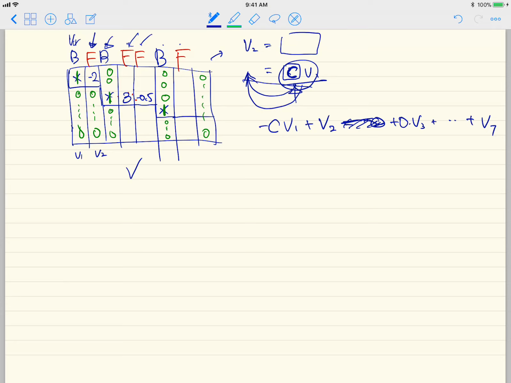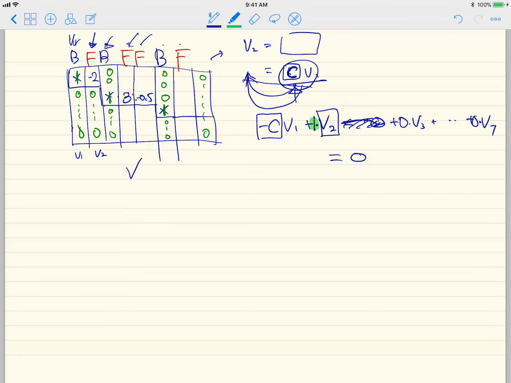And then let's just set all these values as 0 for the rest of the variables, and then this will give us this kind of representation, right? Okay, and then let's try to find what this negative c is here. And for this v2, we are setting the linear combination coefficient for v2 as 1 here.